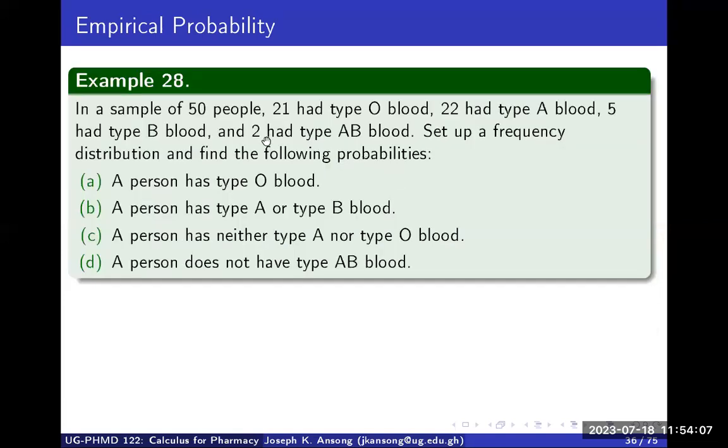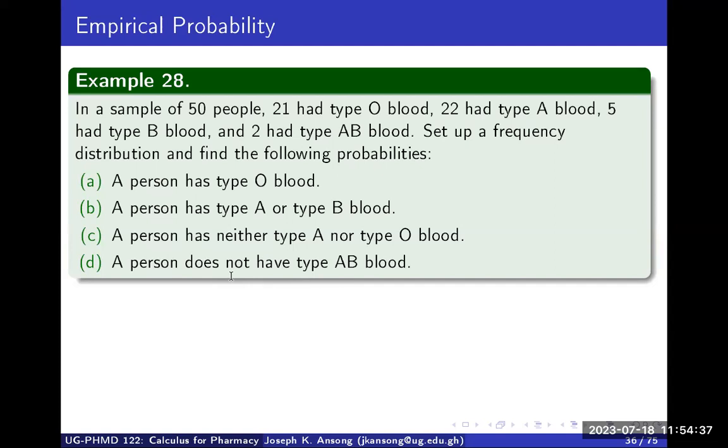After you set up the distribution, you find the probabilities: that a person has type O blood, that a person has type A or type B blood, that a person has neither type A nor type O blood, and that a person does not have type AB blood. We'll look at these examples to help us understand empirical probabilities and how you compute them.